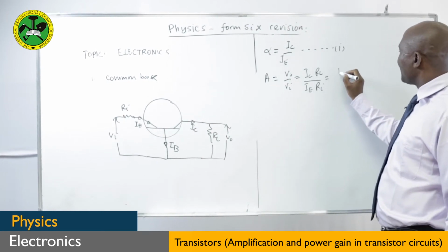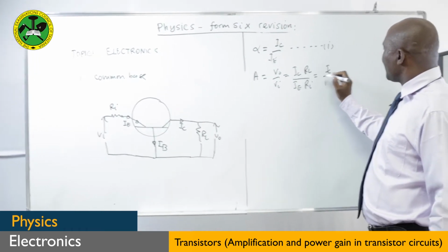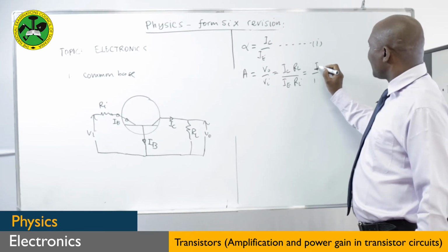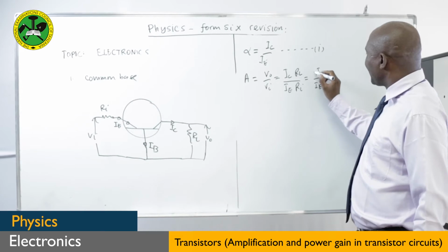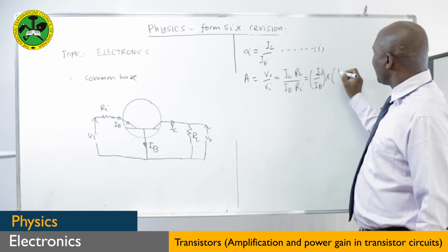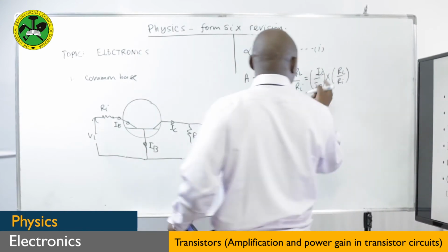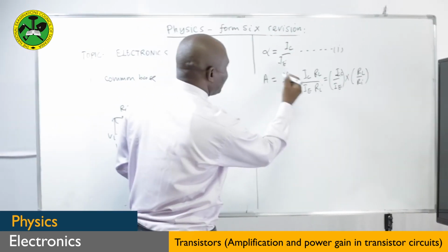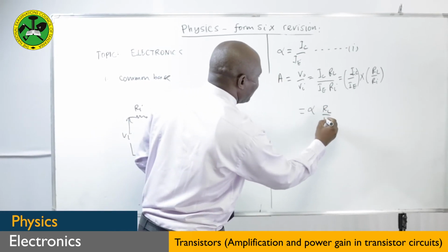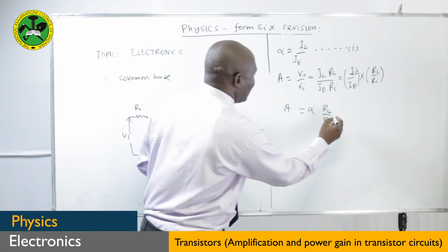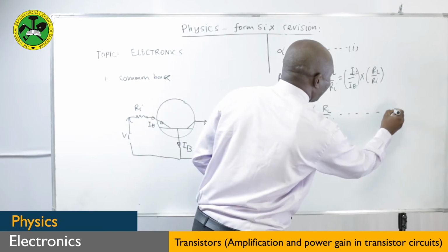So this gives us IC over IE, in brackets, times RL over RI. And remember, from question number 1, this is alpha, the current gain, and RL over RI is for the voltage gain, question number 2.